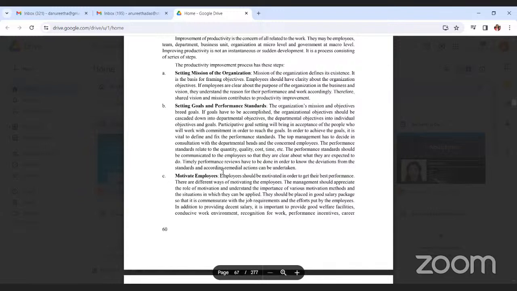First is by setting the mission of the organization. A very, very important thing that you have to understand is why your organization is existing. What is the basic purpose of your organization? If your organization is an educational institute, your basic vision should be the reason for integrity, or the reason for students to flourish or to go global.